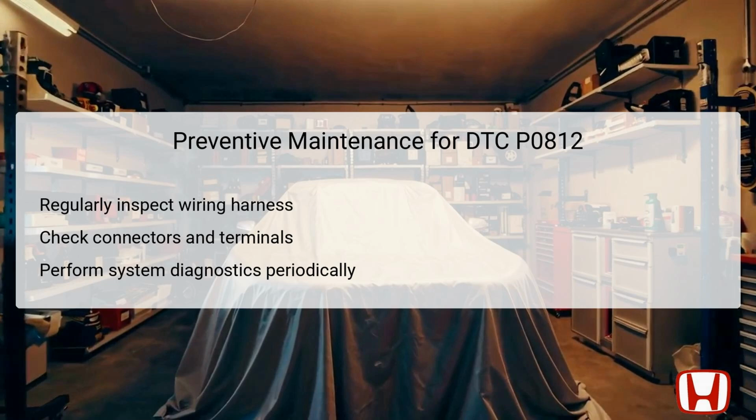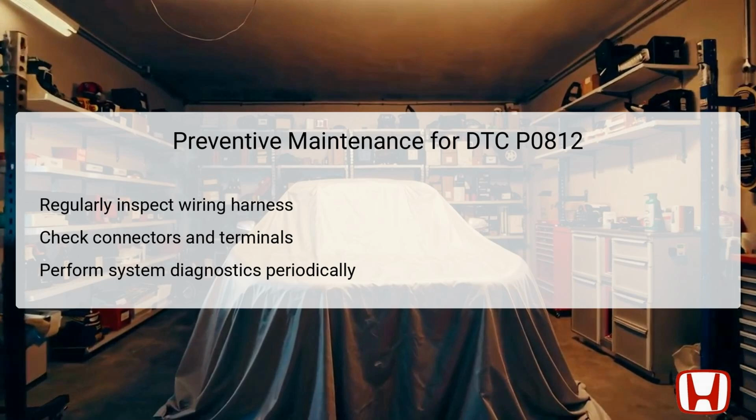This starts with routinely inspecting the wiring harness associated with the transmission range switch for any signs of wear, abrasion, or corrosion that could lead to open circuits. Ensuring that connectors and terminals are not only securely fastened, but also free of corrosion will optimize electrical connections and prevent intermittent failures.